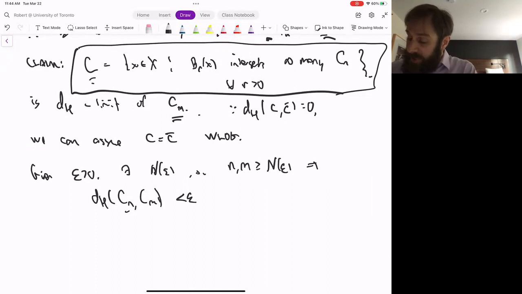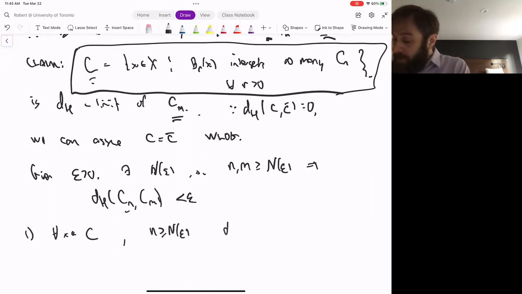So what I need to check is that for any x in C and n sufficiently large, the distance between x and C_n is small enough, let's say less than 2 epsilon.